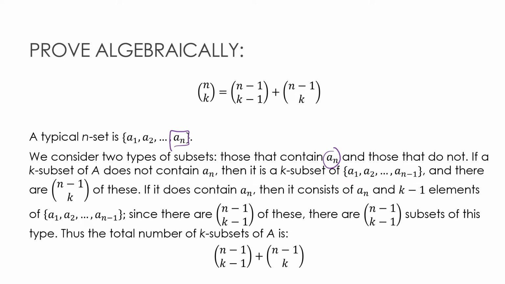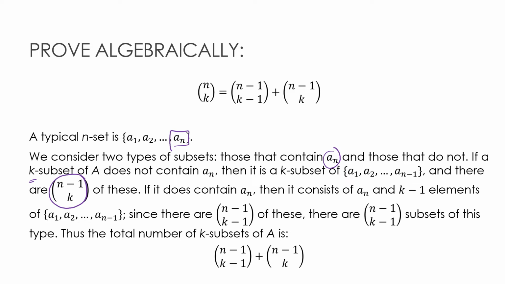So if a k subset of A does not contain a sub n, then it is a k subset of a sub 1, a sub 2, etc., all the way to a sub n minus 1. And there are n minus 1 choose k of those, because again it's a k subset.